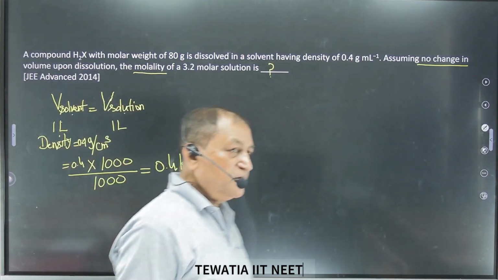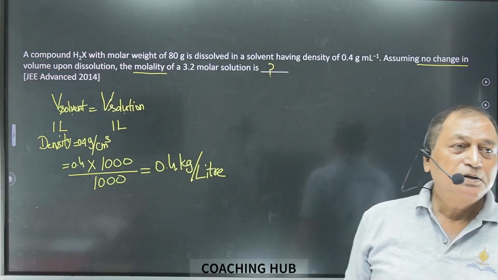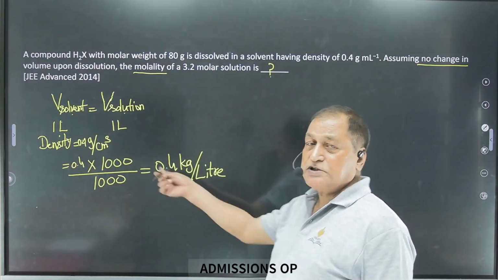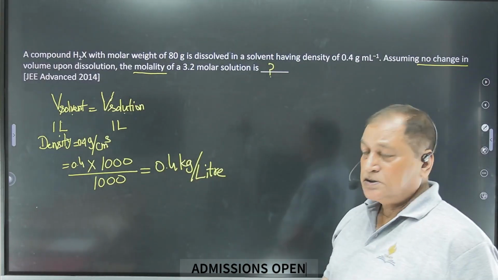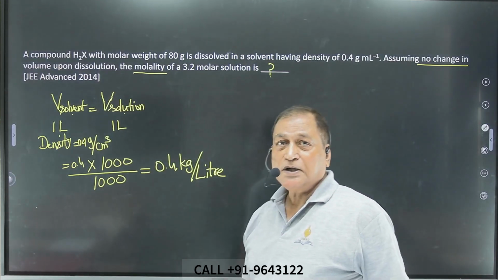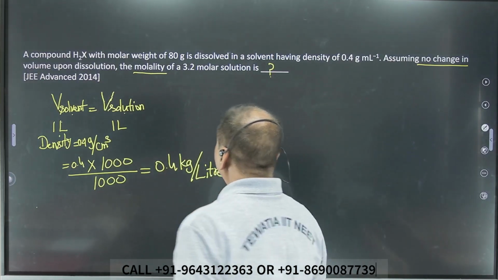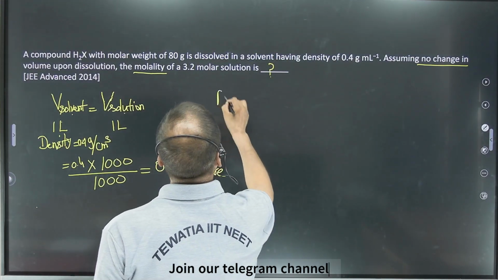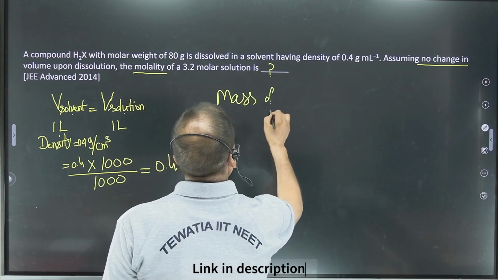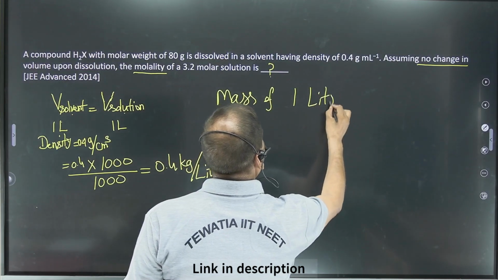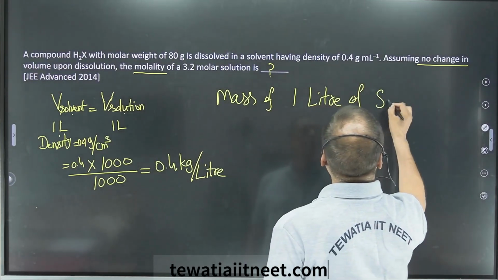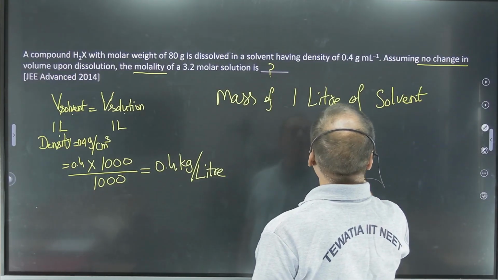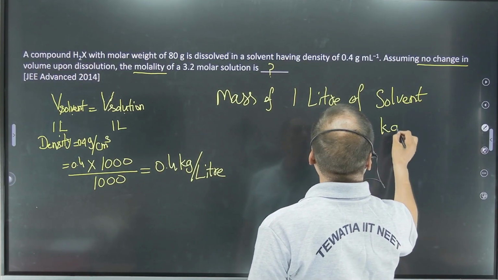No need to explain: in 1 liter there are 1000 milliliters and in 1 kilogram there are 1000 grams. So the density is 0.4 kg per liter. So the mass of 1 liter of solvent is 0.4 kg.